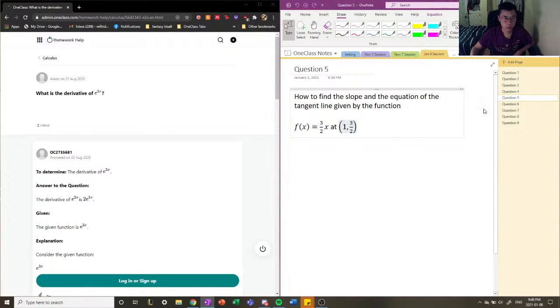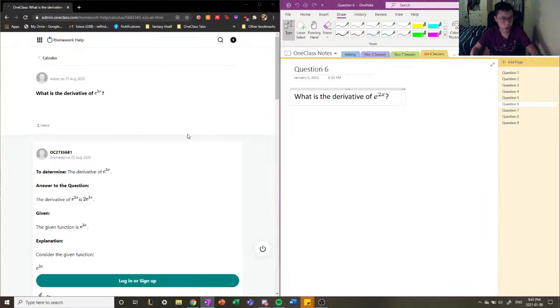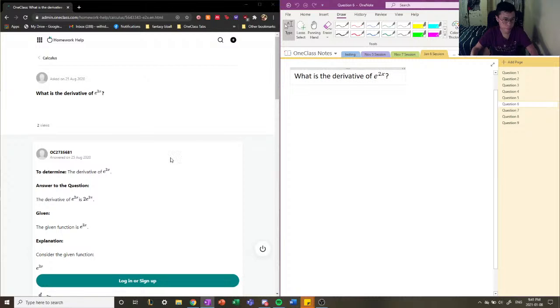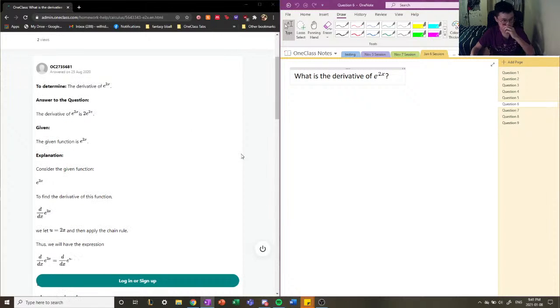Okay, so the next question reads, what is the derivative of e to the power of 2x? So we're going to use the chain rule to help us solve this derivative. And the chain rule basically tells us to derive the outside function and then derive the inside function.